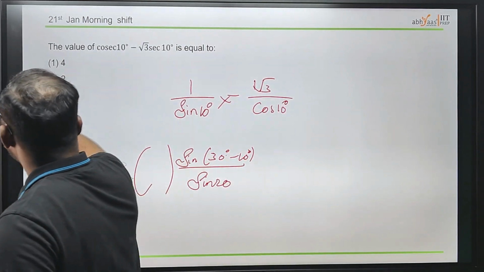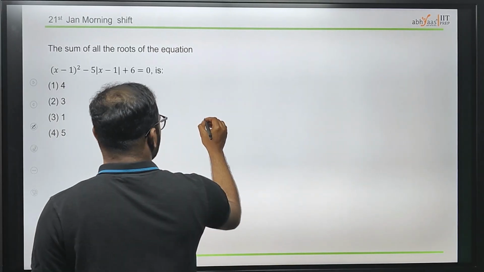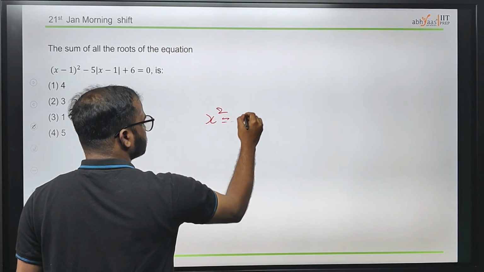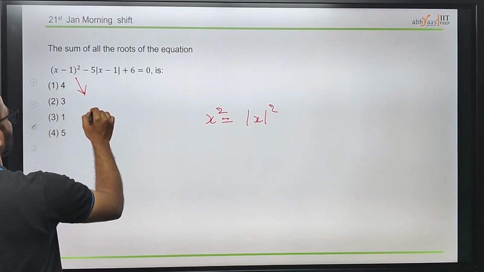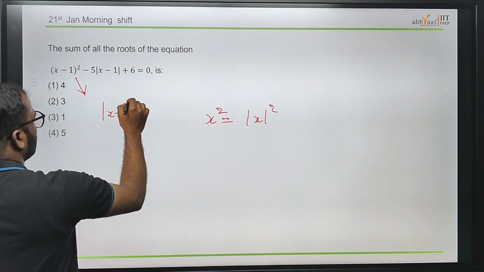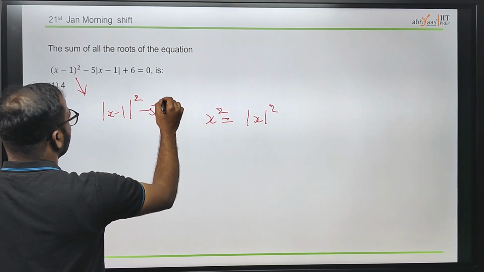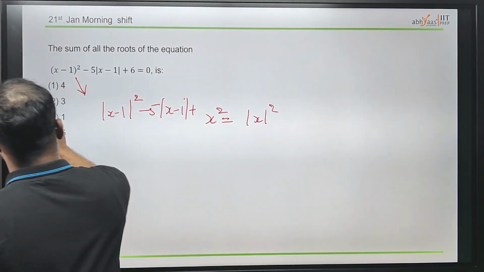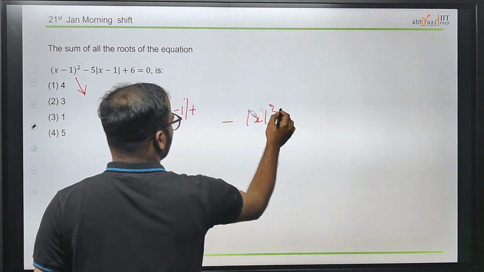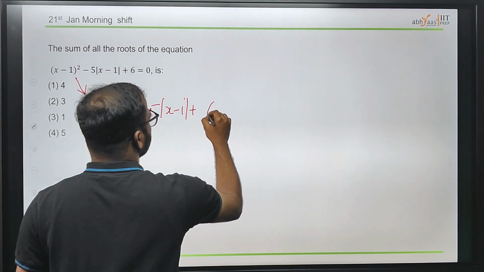Okay, now next thing you will have is on the quadratic equations. If you observe that, we know that x square can be written as mod of x square. Therefore from this we can easily write mod of x minus 1 whole square, minus 5 of mod of x minus 1, plus 6 equal to 0.